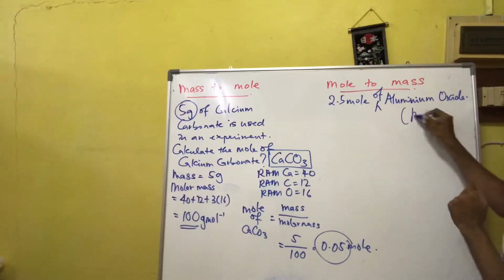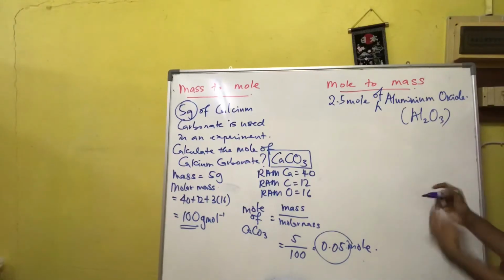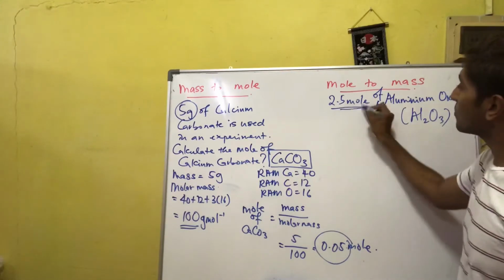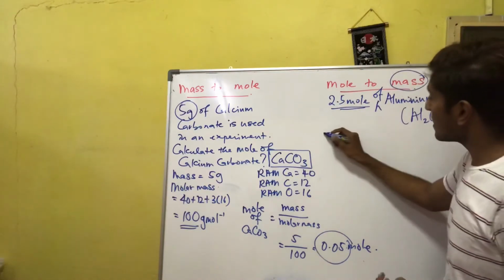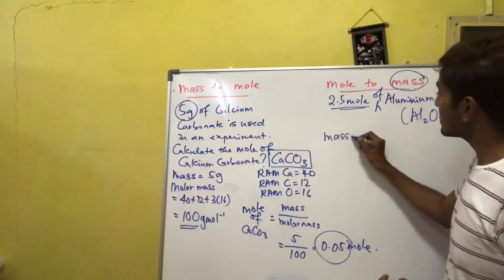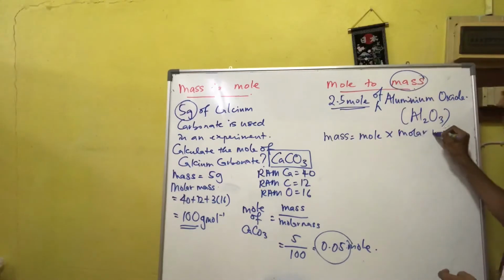It's better to write 2.5 mole. Aluminium oxide is Al2O3. We'll talk more in the next part. So if I already have the mole, which is 2.5 mole, how should I find the mass? Like I said, to find the mass is equals to mole times molar mass.